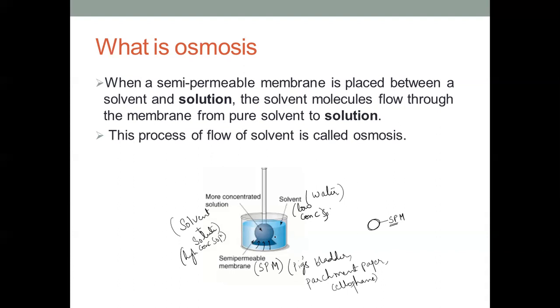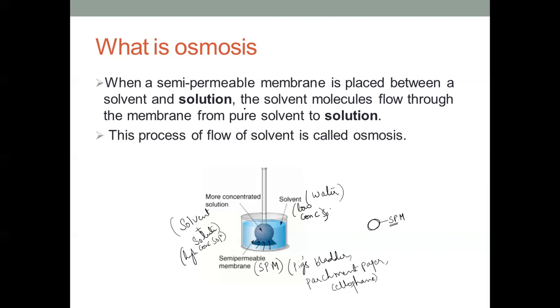Because here solvent molecules are more, here solvent molecules are less. Since the semi-permeable membrane allows the movement of only solvent particles and not the solute, solute particles cannot come out. Only solvent will move in until the concentrations become equal. So this is what osmosis is.